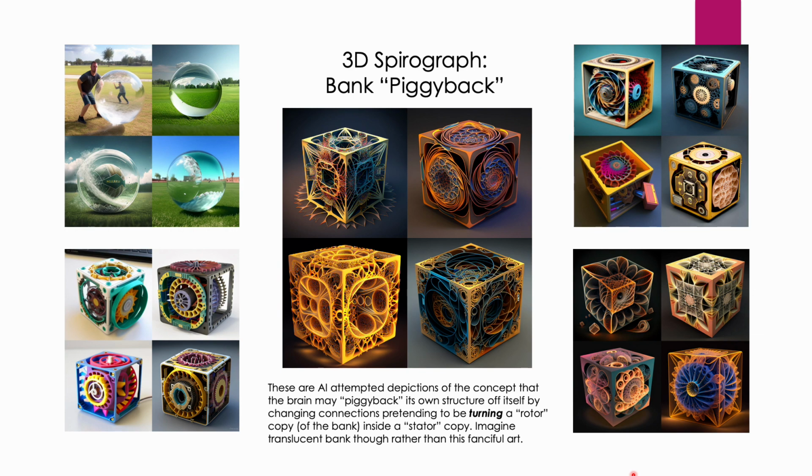So if you get 2 copies of the bank and they can overlay each other in the same 3D space, and let there be a sphere selected off of one that is considered to be solid, a rotor if you will, and let a larger sphere cavity be hollowed out of the other copy of the bank, and let the one roll around within the other just like a spirograph, but in 3D, because it's one sphere inside a sphere pocket.